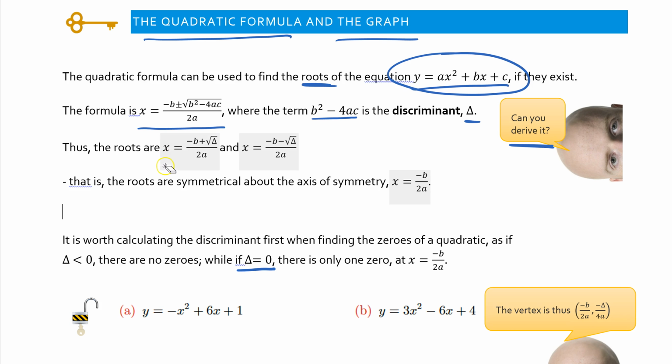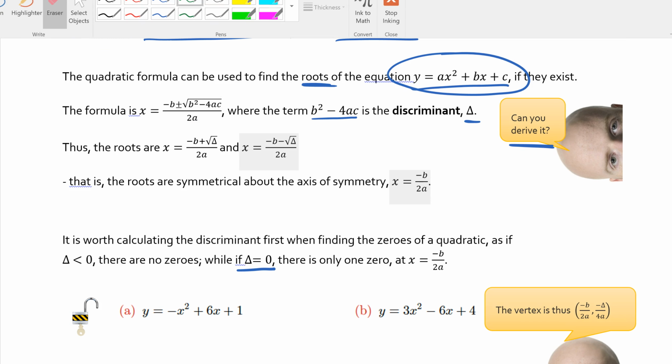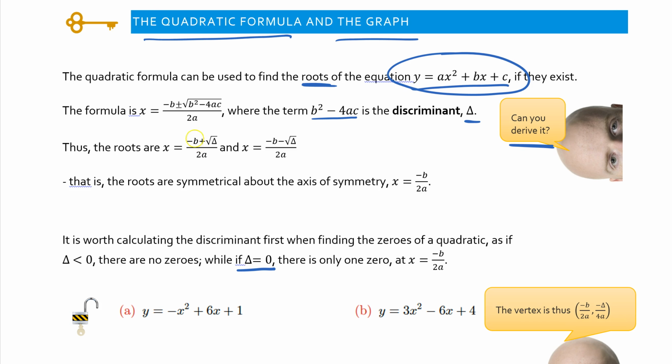So the two roots are going to be minus b on 2a plus the square root of the discriminant, and minus b on 2a minus the square root of the discriminant. So the two roots, if they exist, are symmetrical about this axis of symmetry, minus b on 2a.